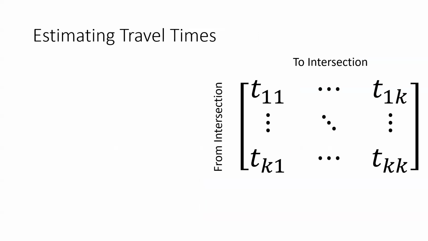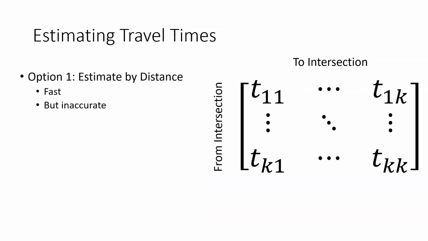Estimating the travel times. What we recommend is you to pre-compute the travel times and store them in some sort of data structure like a matrix. So from the from and to intersections, you can directly get the travel time in one time. We have a few options.